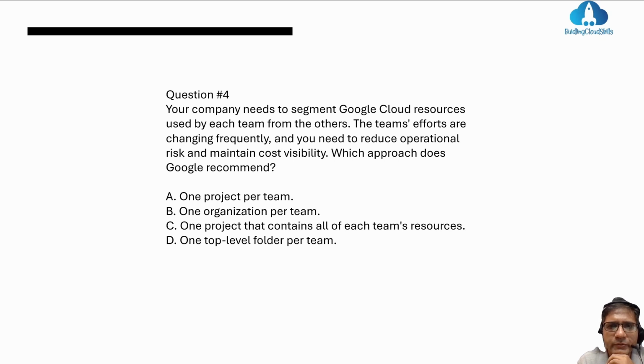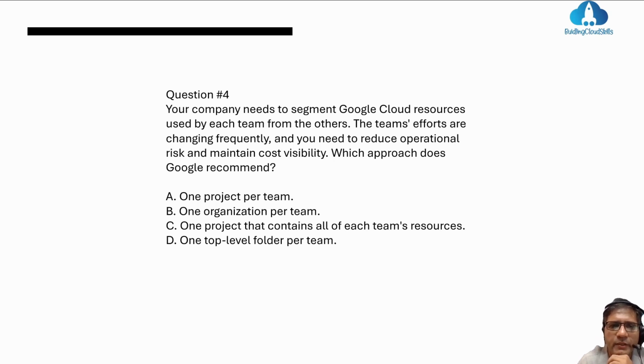Our company needs to segment Google Cloud resources used by each team from the others. The team efforts are changing frequently and you need to reduce operational risk and maintain cost visibility. Which approach does Google recommend?